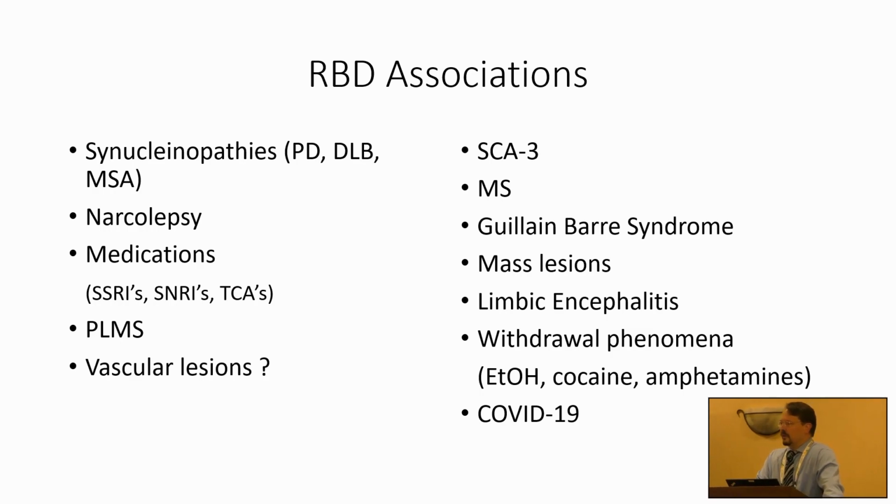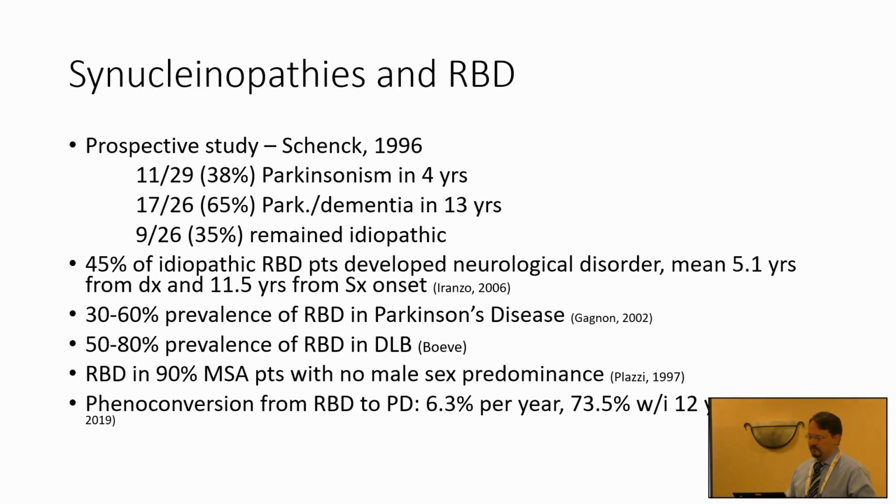And other heritable conditions, spinocerebellar atrophy, demyelinating illness like multiple sclerosis, limbic encephalitis, which is an autoimmune process, oftentimes secondary to a primary cancer or neoplastic process where those immune complexes can lead to REM sleep behavior disorder. There have been reports of people having COVID-19 and then experiencing RBD. And it can be part of a withdrawal phenomenon as well from things like alcohol, cocaine, and the amphetamines.